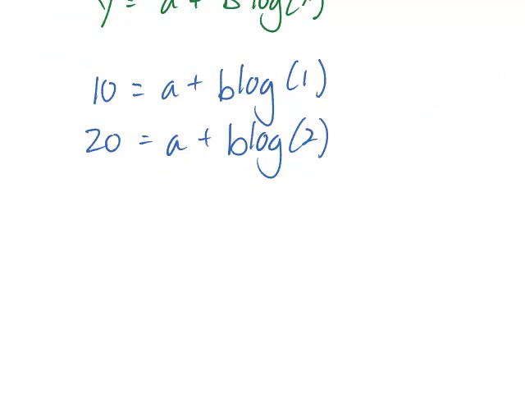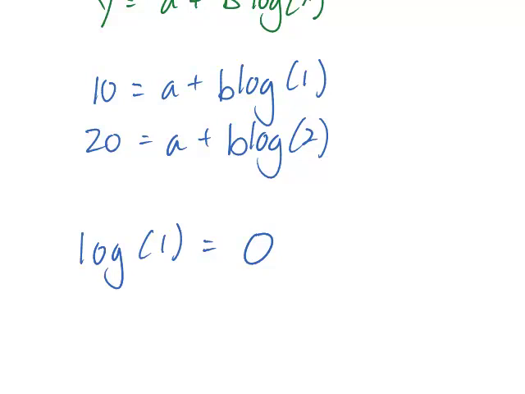There's actually another reason why I used x equals 1, because if you remember, the log of 1 in any base is equal to 0. That's the x-intercept of any log base.